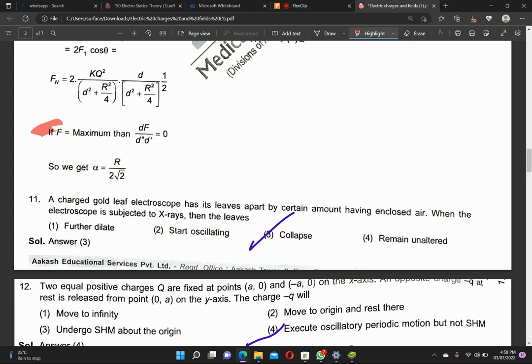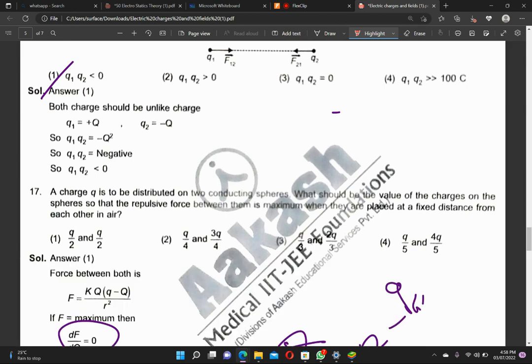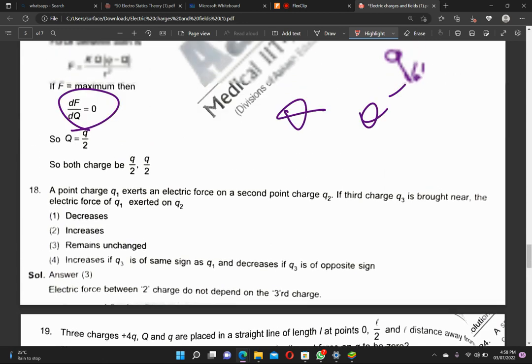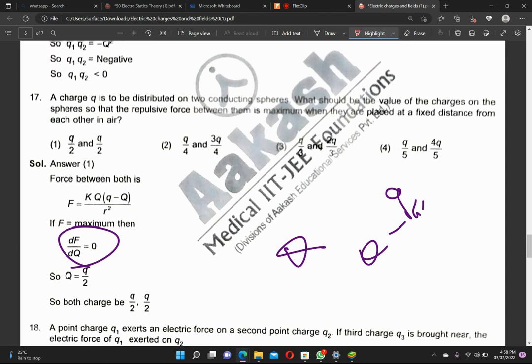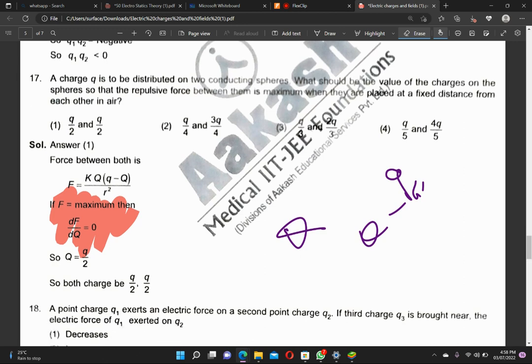Here, if F is maximum, then dF by dq equals 0. Now if you differentiate, q equals Q by 2, so the charges will be Q by 2, Q by 2, option 1.